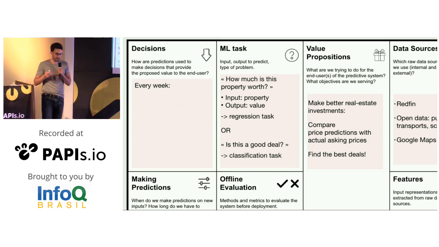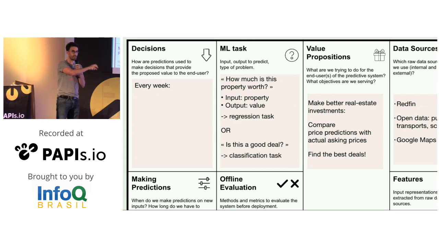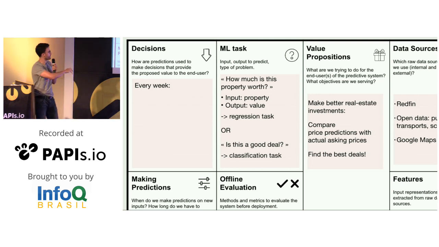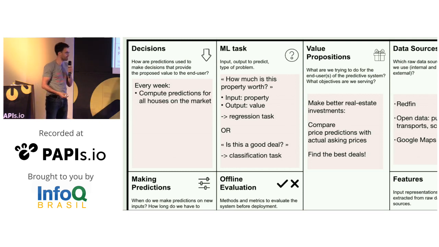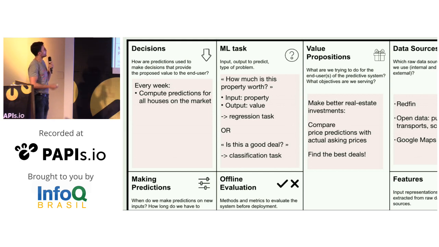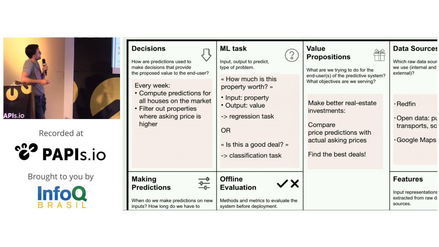Okay, so we've identified a machine learning problem, but then we still need to make the connection back to the value proposition. So how do you use predictions in order to make decisions, to do things that change the world? What you would do is that every week you would compute predictions for the new properties that have just come up on the market.